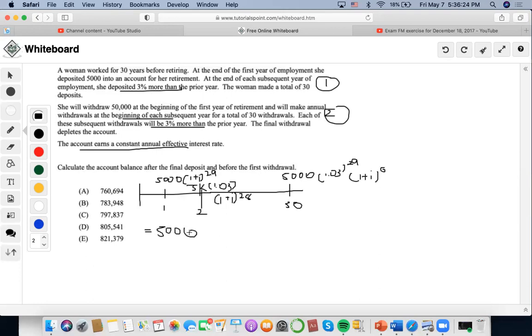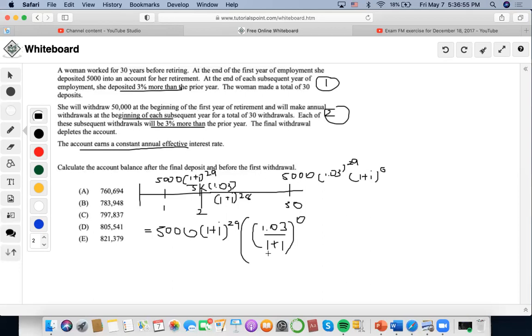That's the first term, so we could set the first term as a common factor, and we could set up a new geometric progression. So I'll show you what I mean. For the first part, the first term could be 1.03 over 1 plus i, but to the 0. So all of this will equal 1.